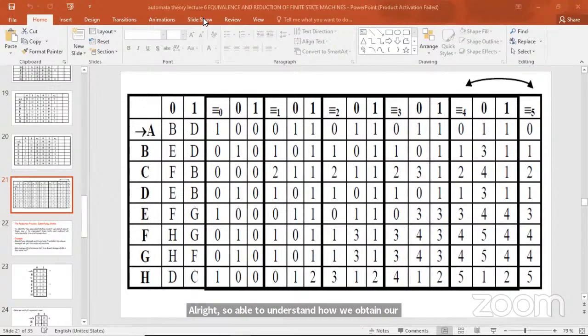In the process of looking for a machine that is similar to the one we are trying to find its equivalence, it is important for us to put this in standard form too. So we're going to be looking at methods for how we can put our equivalent table into standard form. So that's where we'll continue from today.